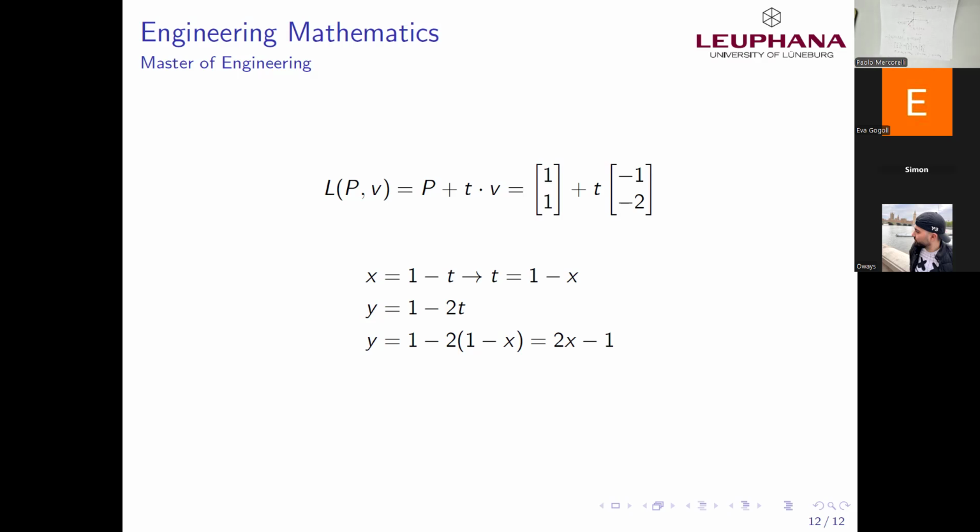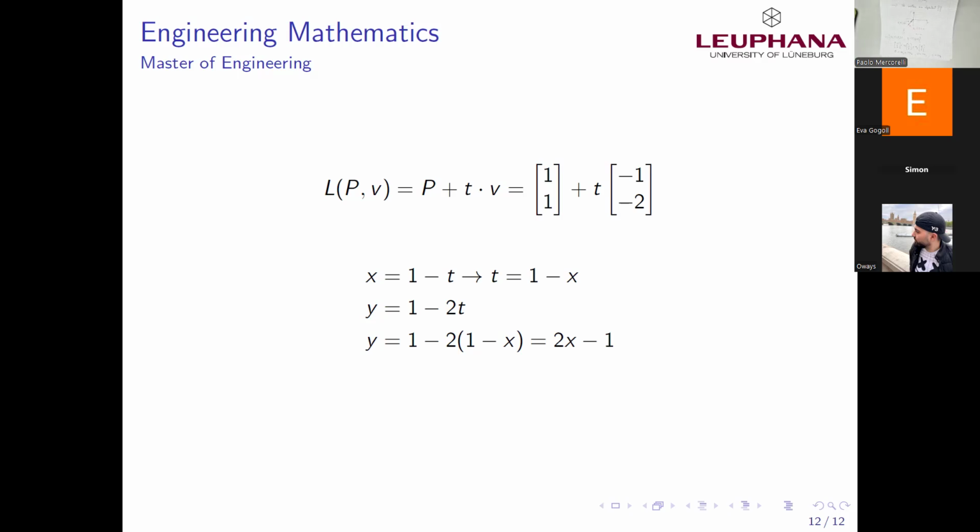Look. Now, please pay attention here. I didn't write what I did, but I explained. L of P, V can be characterized by X and Y because the vectors and the point are both defined in 2 dimensions.